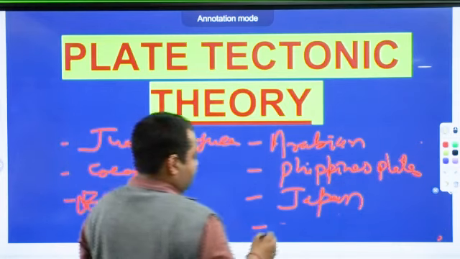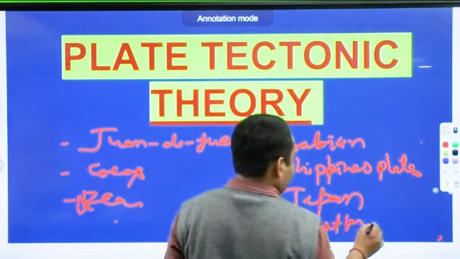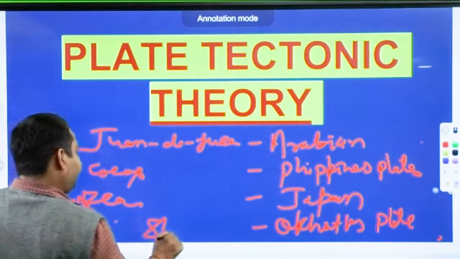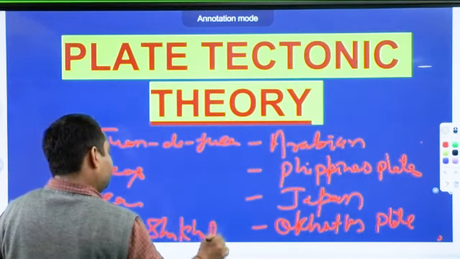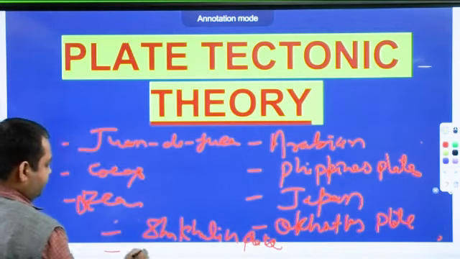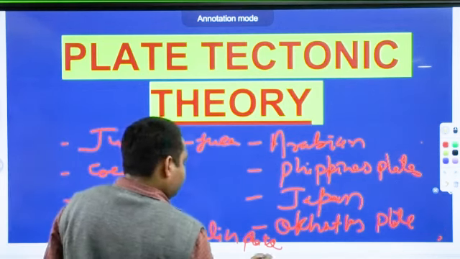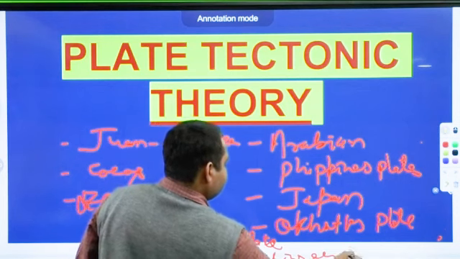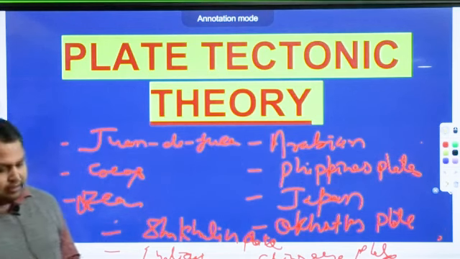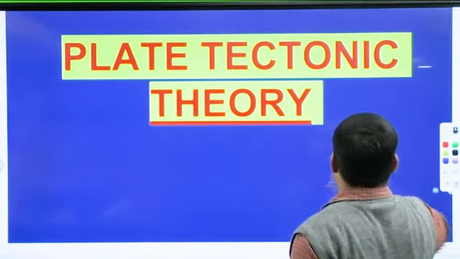Then the Okhotsk plate, Sakhalin plate, Indian plate, Chinese plate, etc. These are the minor plates you will see here on the map.